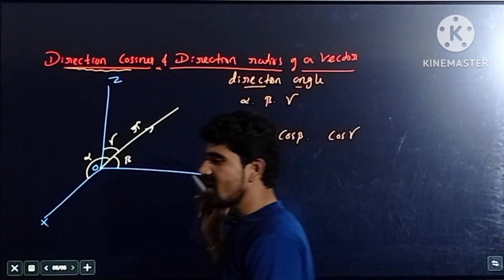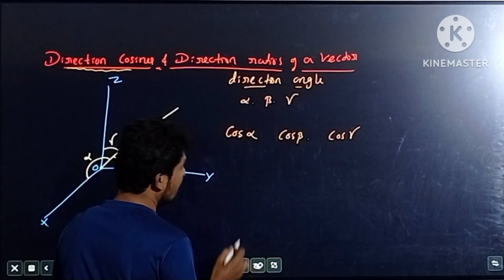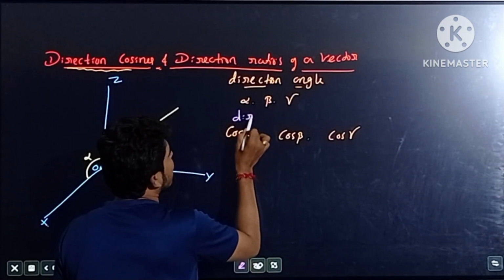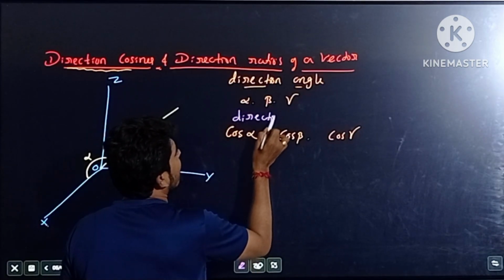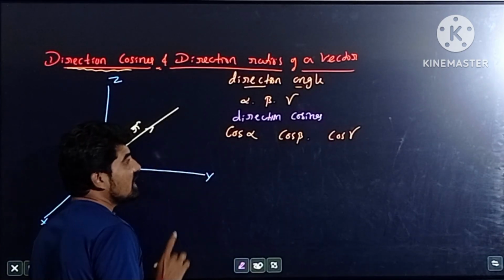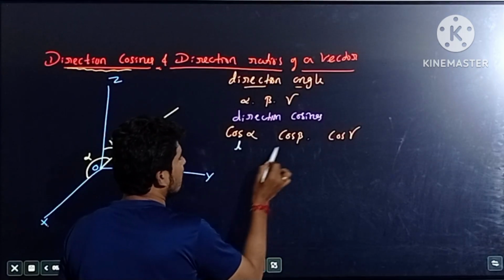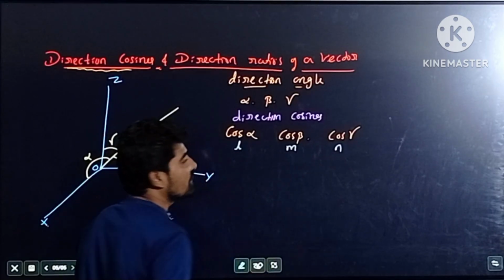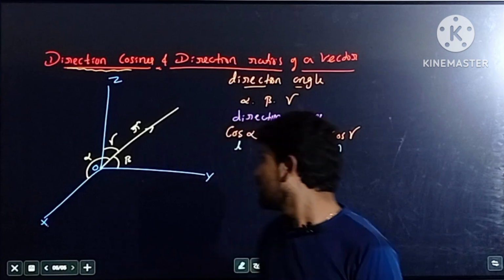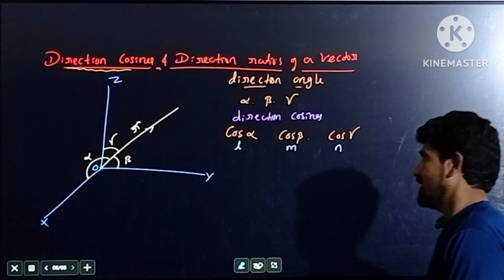And these cos alpha, cos beta and cos gamma are called direction cosines. Mainly the direction cosines are denoted by the letters l, m and n, where l is cos alpha, m is cos beta and n is cos gamma. I hope all of you understood.